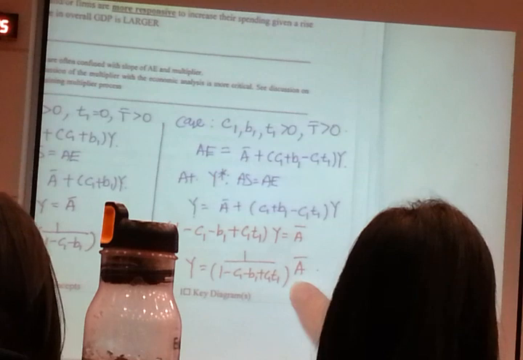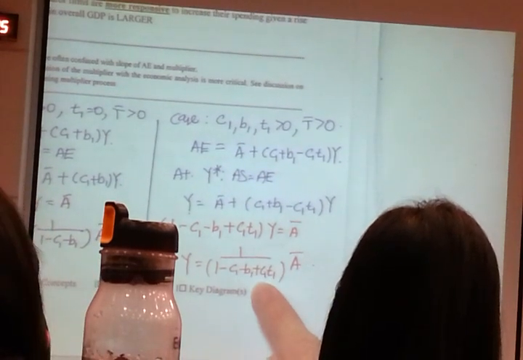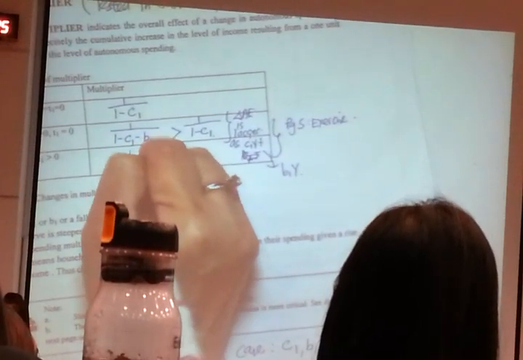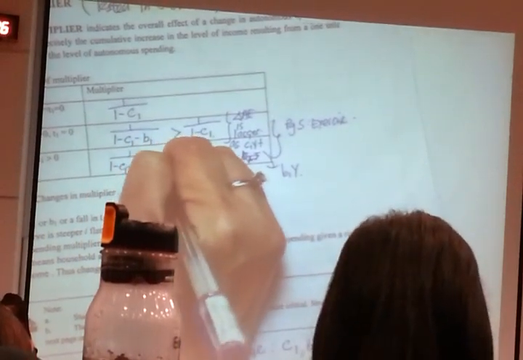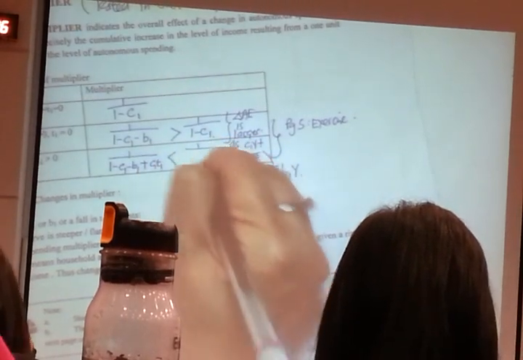Don't memorize. So in this case, I hope you can tell this is smaller because this is a denominator with a plus sign. Right? So in this case, we put in the answer 1 over 1 minus C1 minus B1 plus C1 T1. Definitely smaller than 1 over 1 minus C1 minus B1.